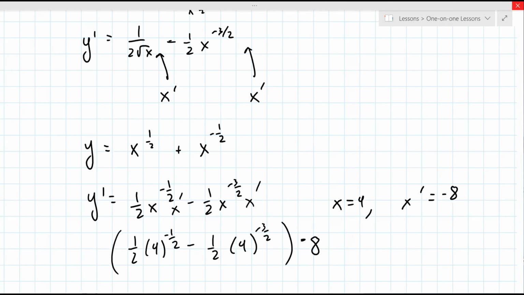So you end up getting minus 3/2 when you do all this. Is that negative 1.5? Yes. For some reason I didn't get a negative, but I'm trying to see why. X prime is -8. Oh, okay, that's fine.